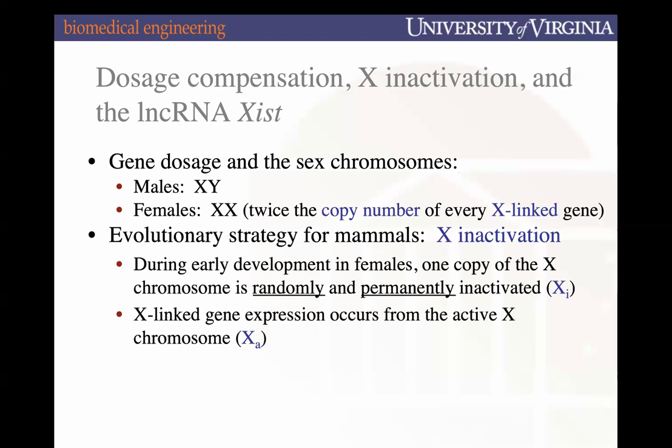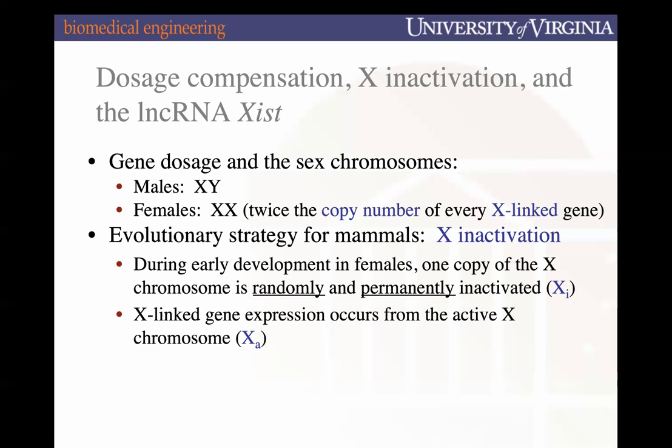The evolutionary strategy that's emerged to compensate for that is called X inactivation. Typically during early development, one of the X chromosomes is randomly and permanently inactivated. We refer to that inactivated X chromosome as Xi. The X-linked gene expression, the proteins encoded on the X chromosome, come from the active X chromosome, which we call Xa.